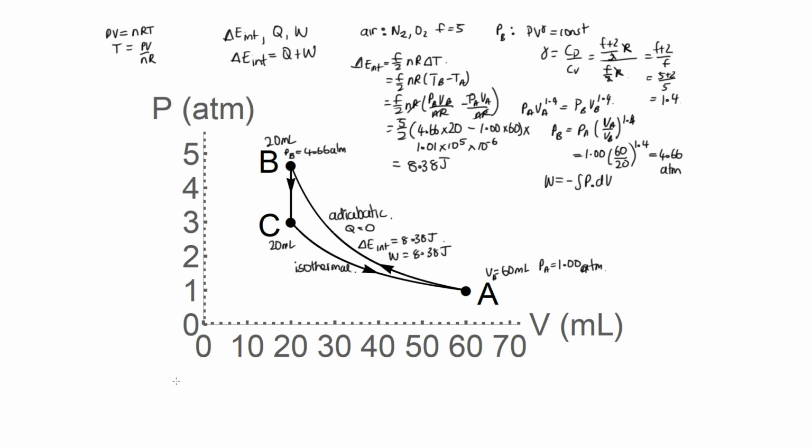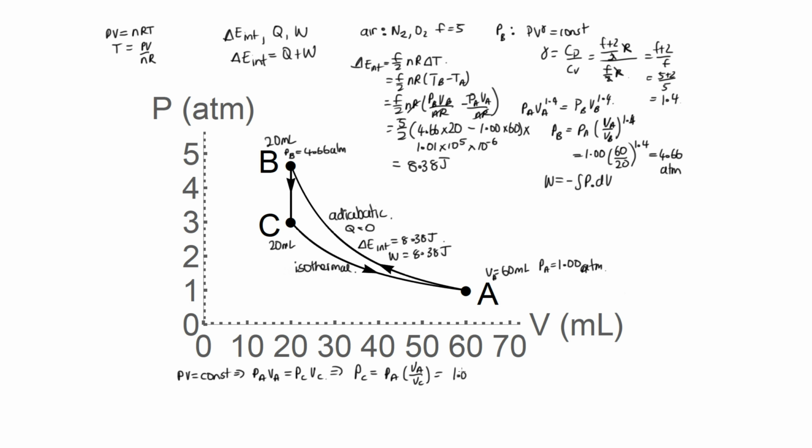And for an isothermal process, we've got the equation PV is equal to constant. So this tells us that PAVA is equal to PCVC, i.e. the P times V here is the same as P times V here. And so this tells me that PC is equal to PA times VA on VC.